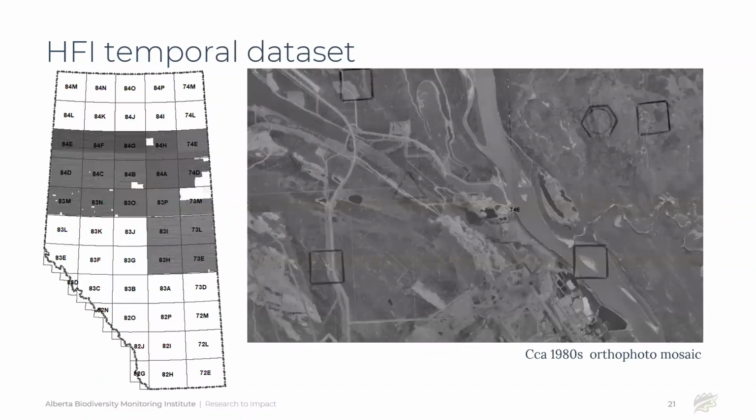Now for 1980s, and on the left side, you can see current coverage. We are actually auto-rectifying this data set by ourselves. ABMI and Government of Alberta created a project to run aerial triangulation from mapping that was completed between 1980 and 1985, plus some areas that were again flown late in the 1990s.